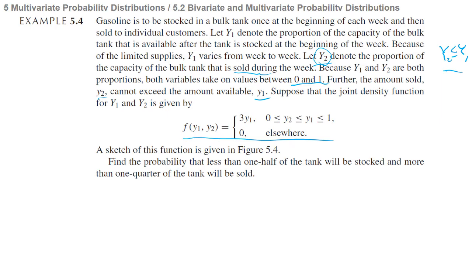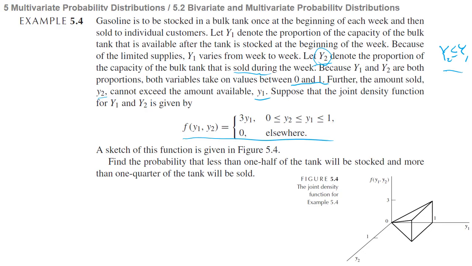A sketch of this function is given in figure 5.4, which is this one. So the joint density function is defined like this, and we want to find the probability that less than one half of the tank will be stocked, which is Y1 is less than 0.5, and more than one quarter of the tank will be sold.